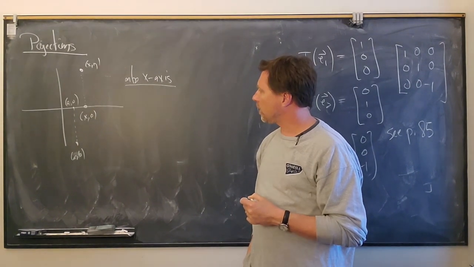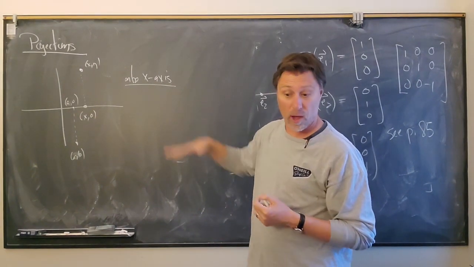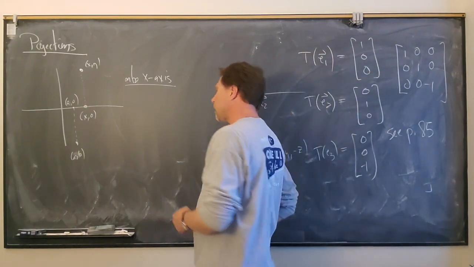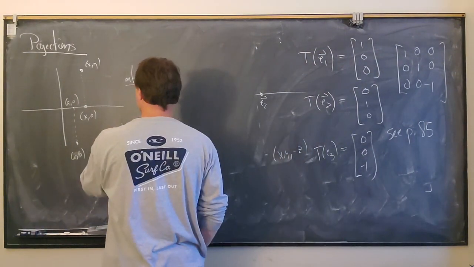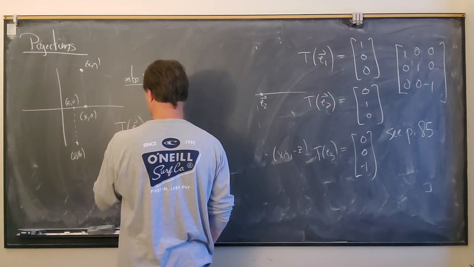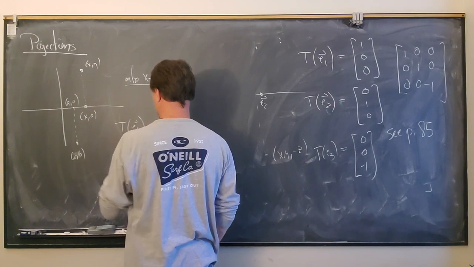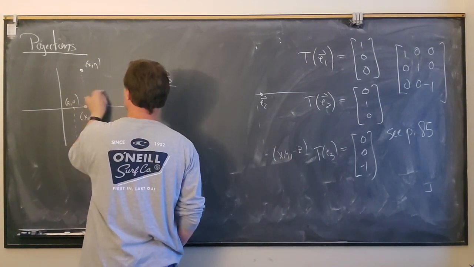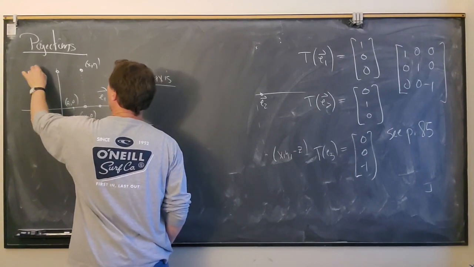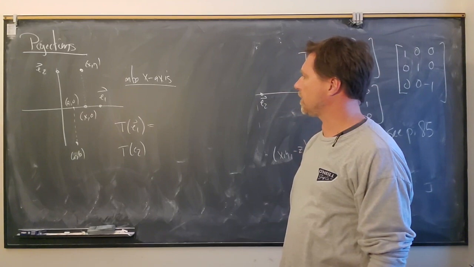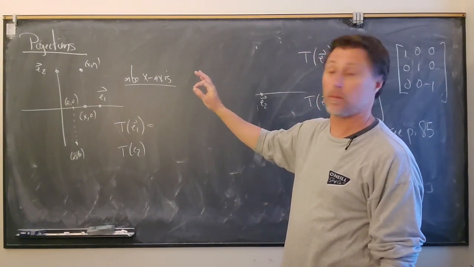So if T is the orthogonal projection onto the x-axis, to write down the corresponding matrix, we need to know what happens to E1 and what happens to E2. Well, if E1 is right here and E2 is right here, T of E1, nothing happens to E1.